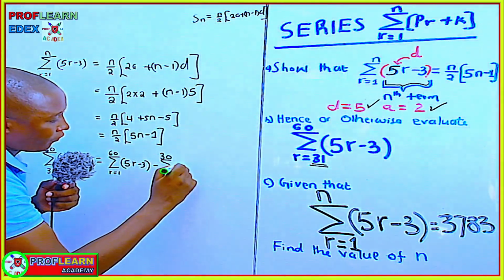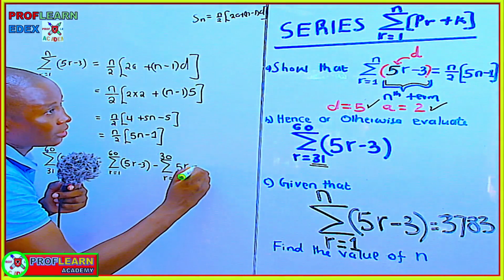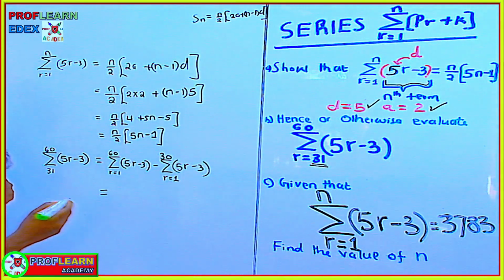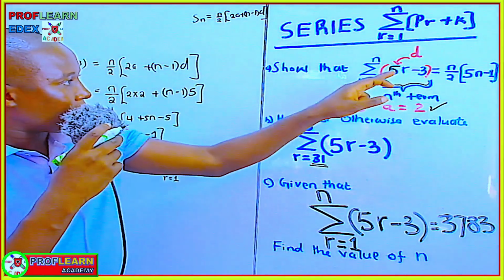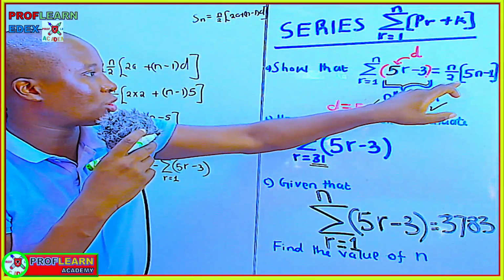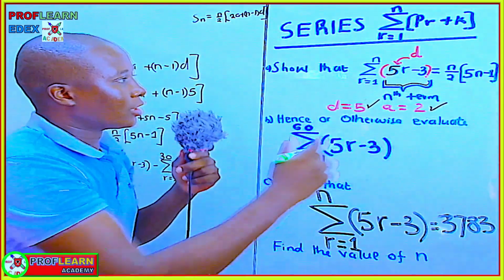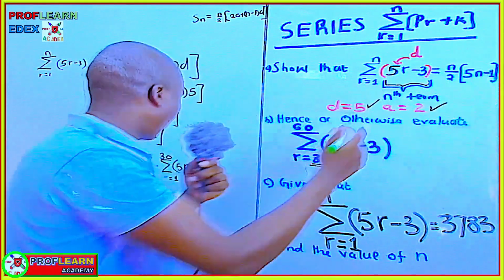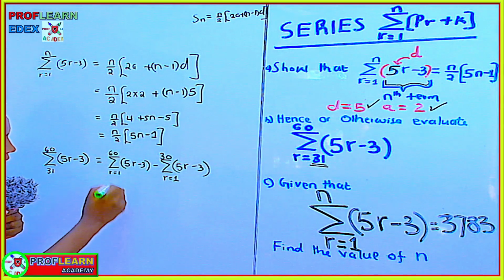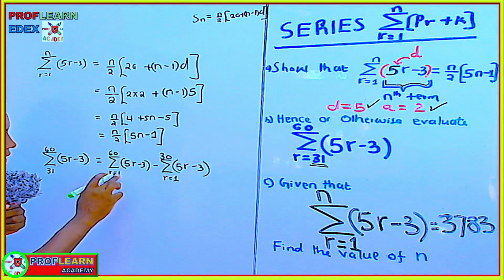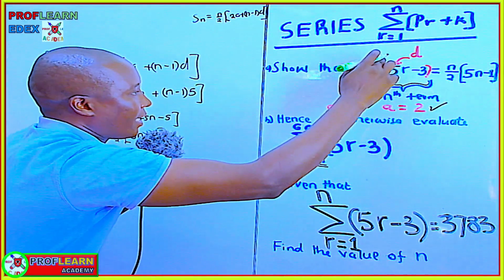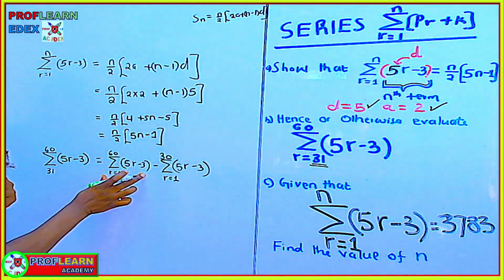So this is going to be 5r minus 3. And to work out that, remember, the summation from r equals 1 to n is usually n over 2 into 5n minus 1. So in the first part, our n is 60, because from 1 to n, our n in the first part here is 60.